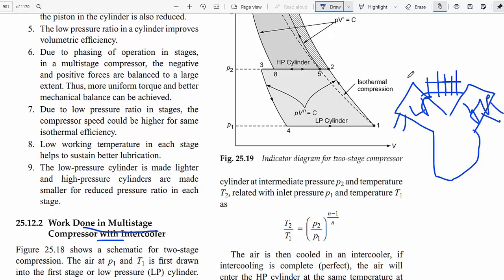Through this compression, the mass flow rate, the discharge of the compressor, is not affected, and high pressure compressed air is also achieved. This is the advantage of the multi-stage compressor.